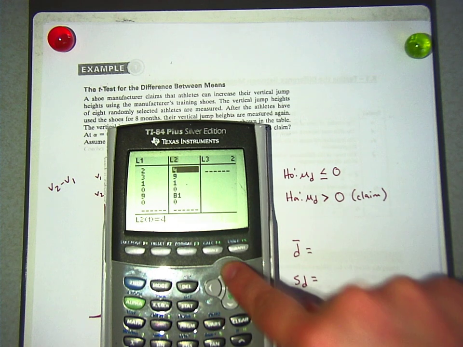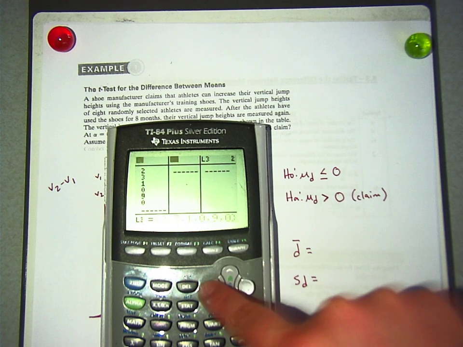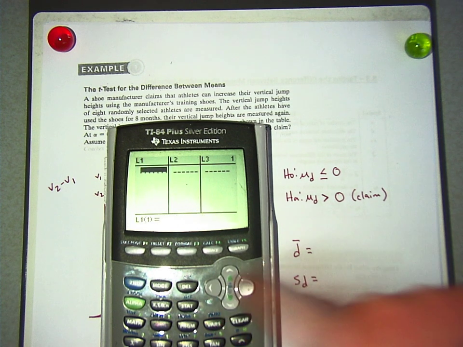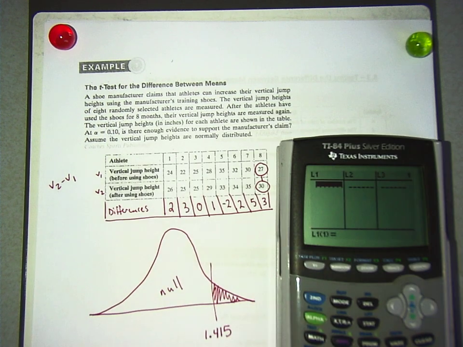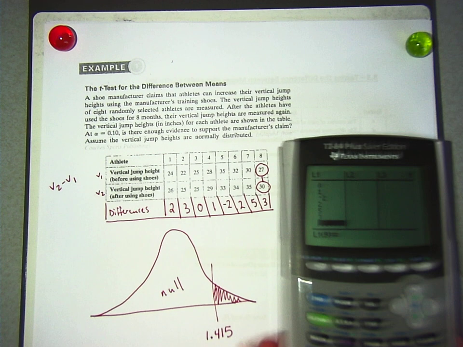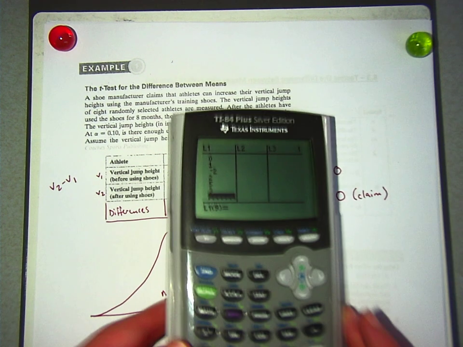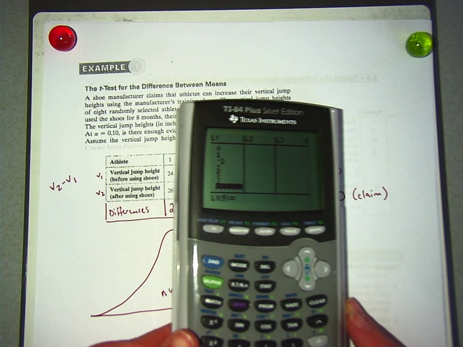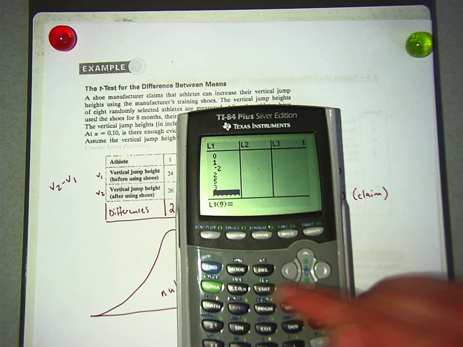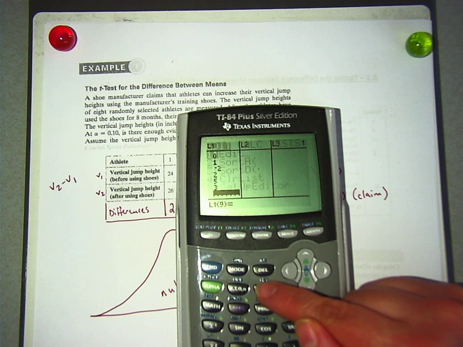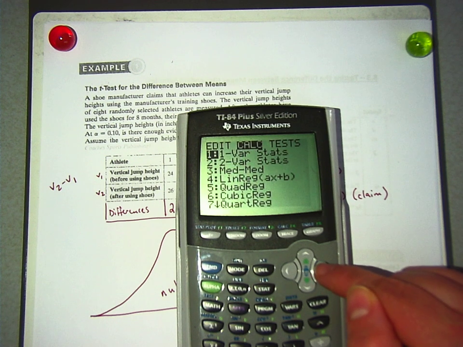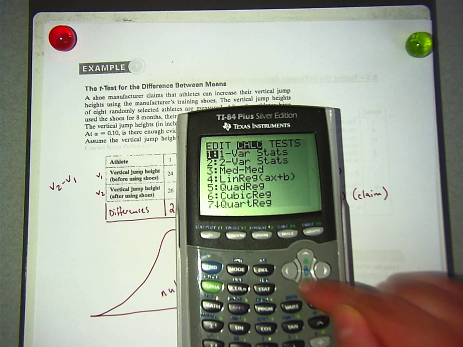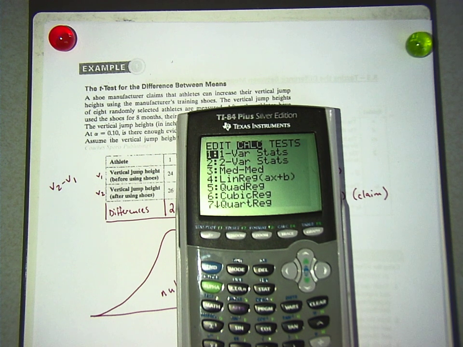Instead of putting in the before and after into my calculator, I'm just gonna put all the differences in my calculator and do it that way. I'm going to type in 2, 3, 0, 1, negative 2, 2, 5, and 3. And then I'm going to hit stat, calc, one variable stats.